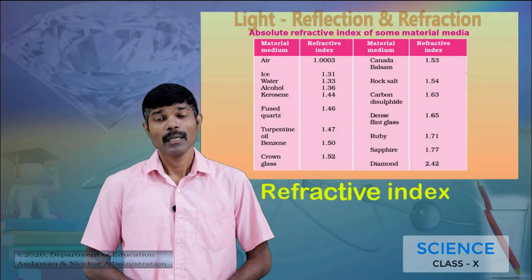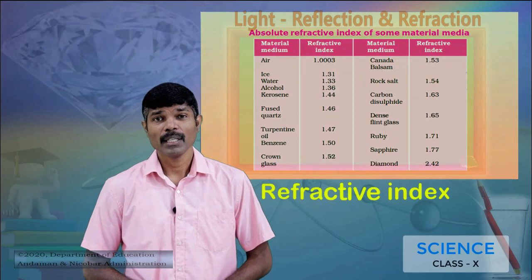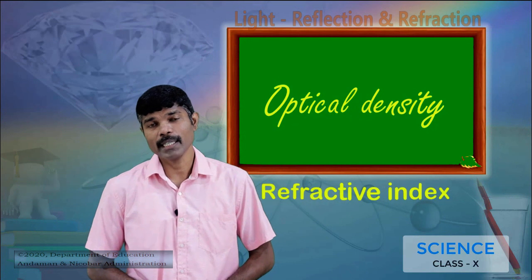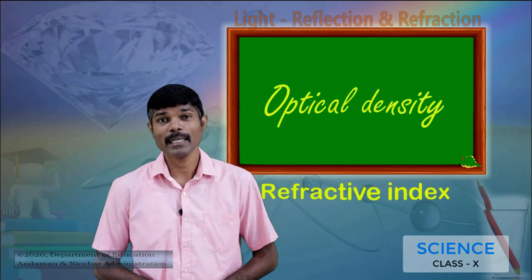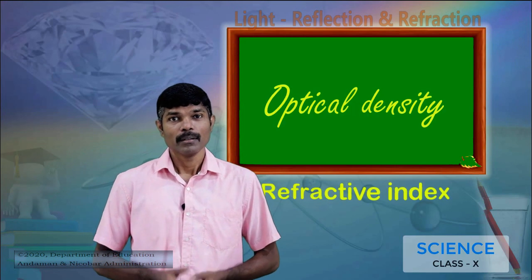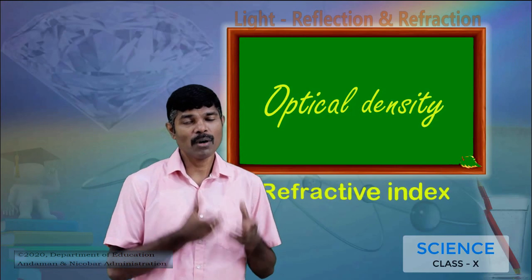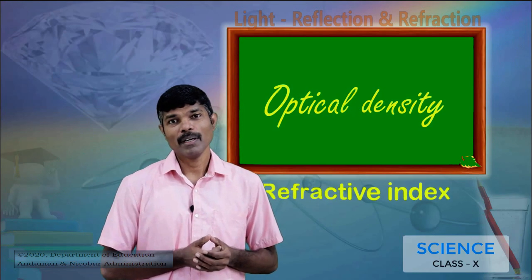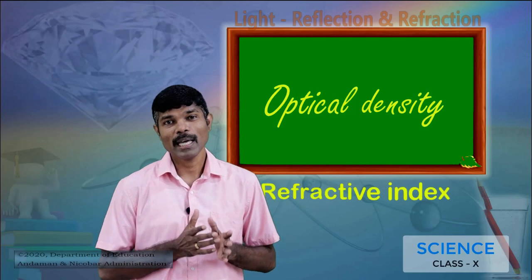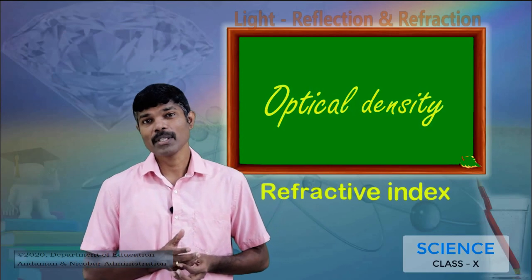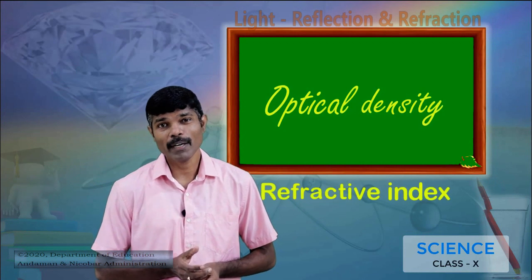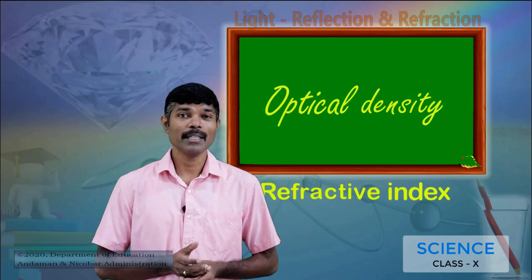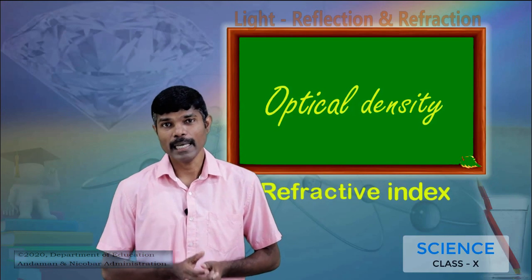And one more thing, the ability of the light to be refracted can be understood in terms of optical density. The medium which have more optical density will refract more light, whereas the medium which have low optical density, the speed of light will be more and the deviation is very, very less.